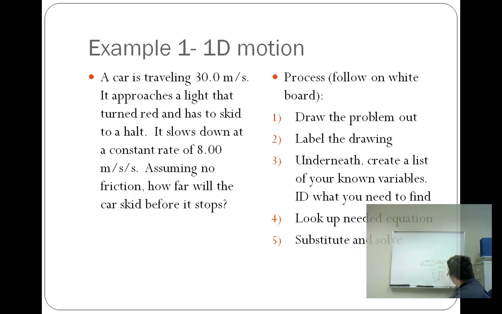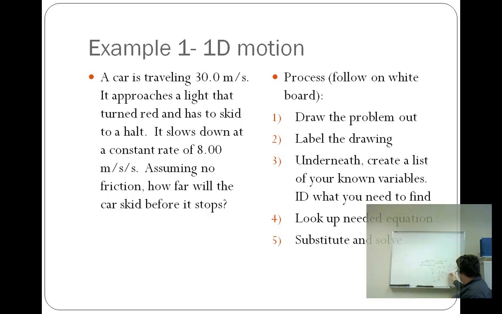And that is VF squared equals VI squared plus 2AD. VF squared I know is 0. VI squared, VI is 30 squared, plus 2 times negative 8 times x.